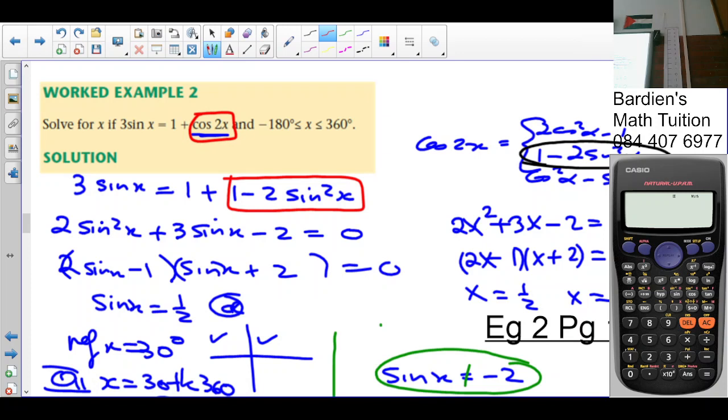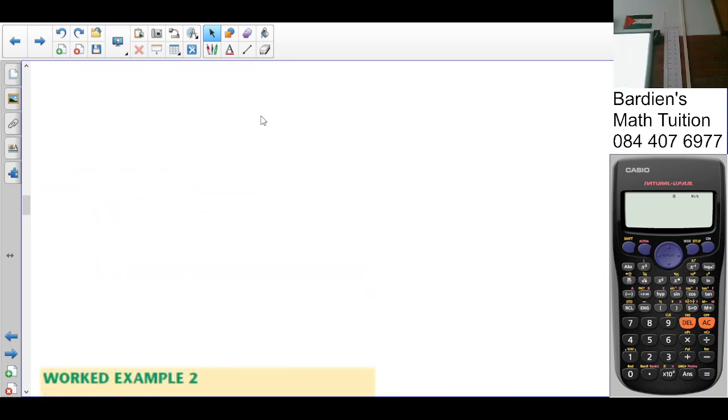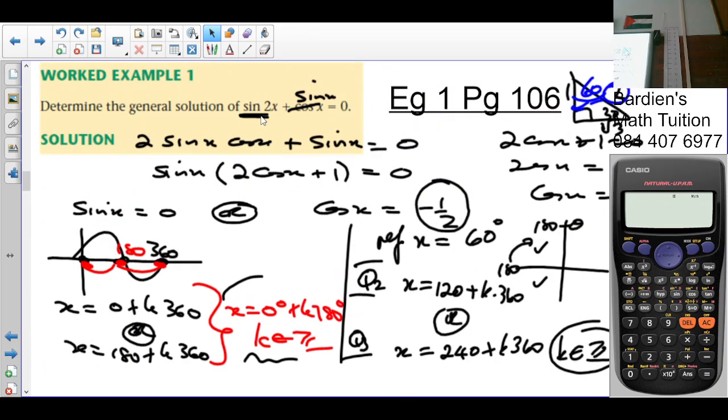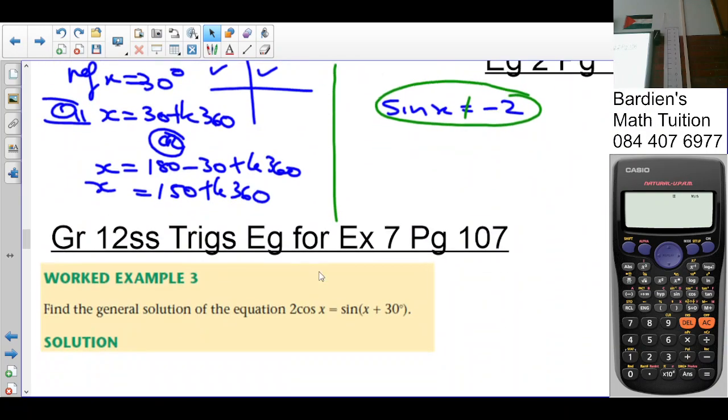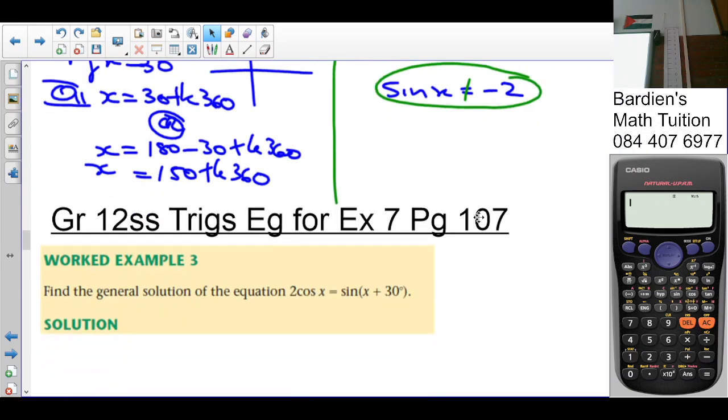If I look at the first one as well, if that was given in grade 11, you should have been able to do this part of the sum. However, the only grade 12 step in the sum is getting from there to there. The rest is all grade 11 work. So please do not forget to revise your grade 11 work. It's of utmost importance.